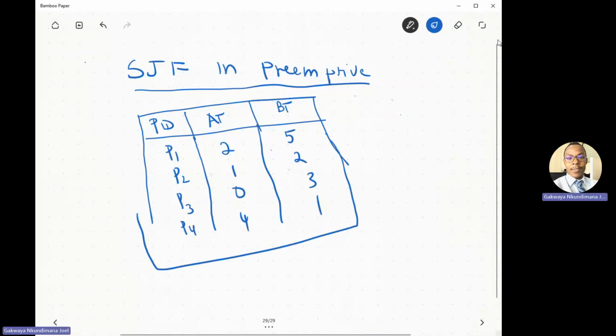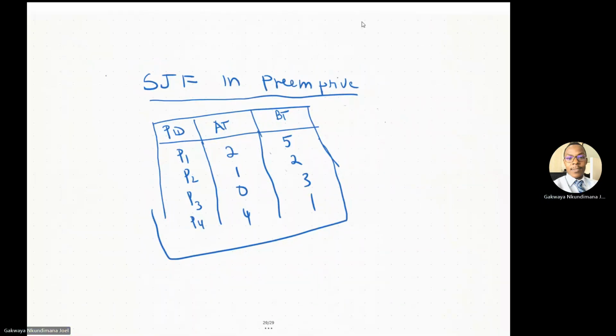Arrival time means the process comes from the new state to the ready state, and then from the ready state to the running state. So we check the one which came first, which you have seen is P3.